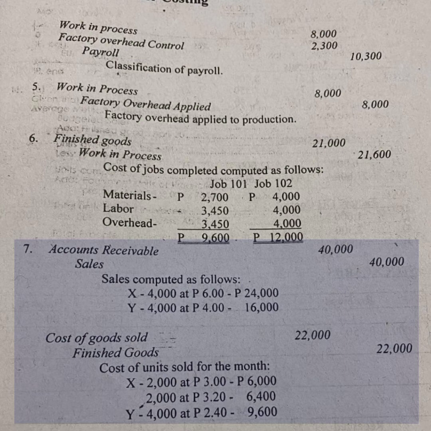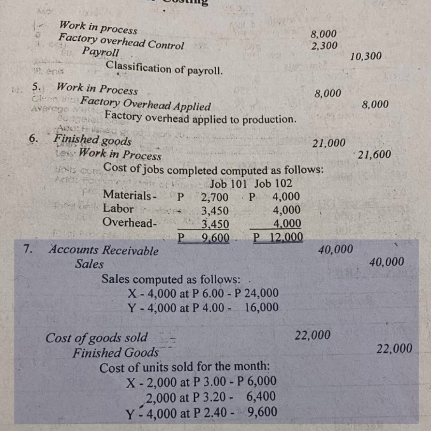So, 2,000 units times 3 pesos, we have 6,000 pesos. 2,000 units at 3 pesos and 20 cents, we have 6,400 pesos.